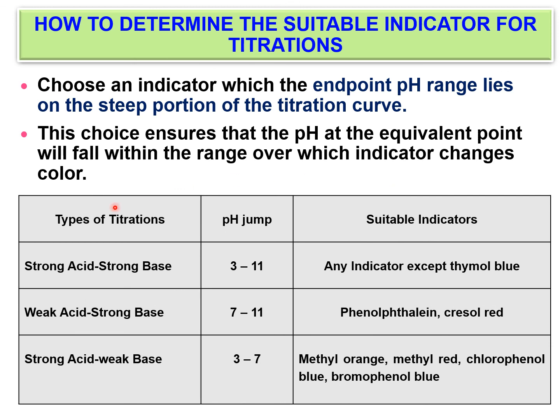Okay, so yang ni lah contoh awak. Okay, jadi dekat sini, untuk strong acid, strong base, pH jump 3 hingga 11, any indicator except thymol blue. So senang, awak just hafal. Yang ni awak punya phenolphthalein.